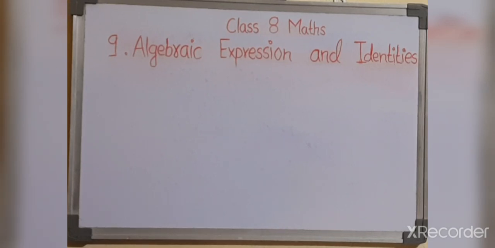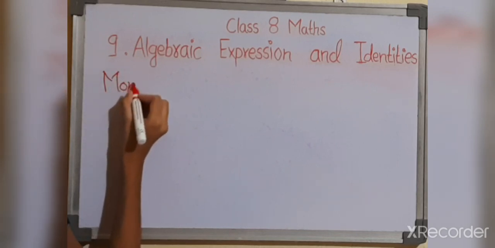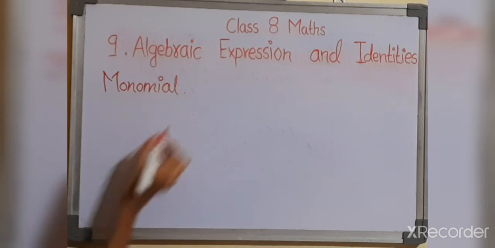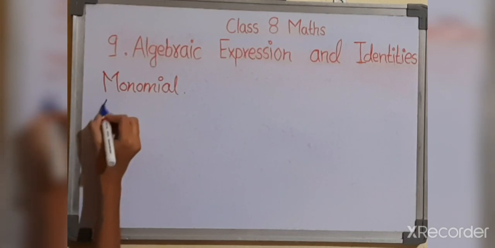So let's begin with this topic. First we will see what is meant by monomial. Monomial is nothing but an expression that contains only one term. So let's take 4x square.